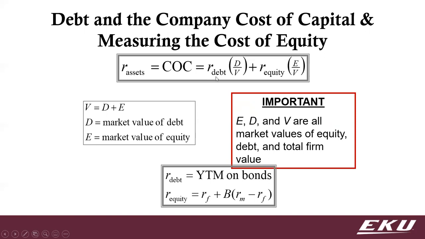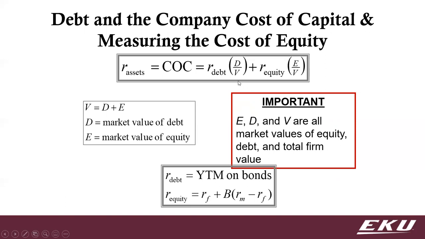It's whatever we have to pay on debt times the percentage that's debt, and whatever we have to pay on equity times the percentage that's equity. These are market values though, not book values. So the market value of equity, the market value of debt, which is what it would go for in the market today, and then the market value of the firm.